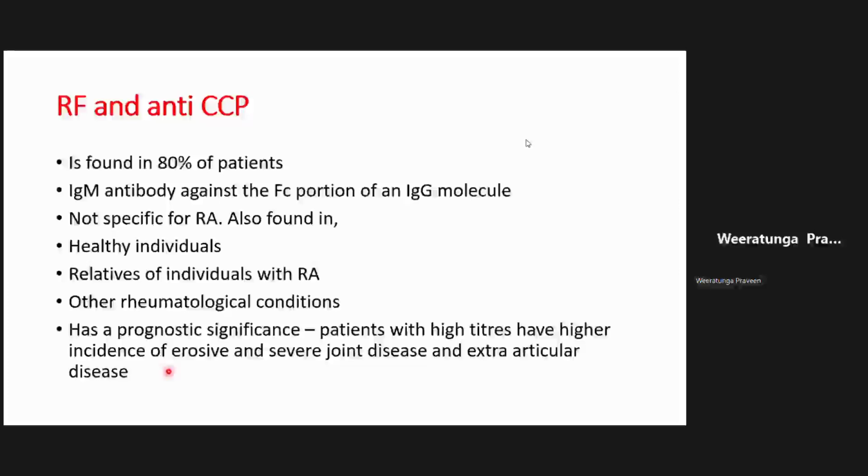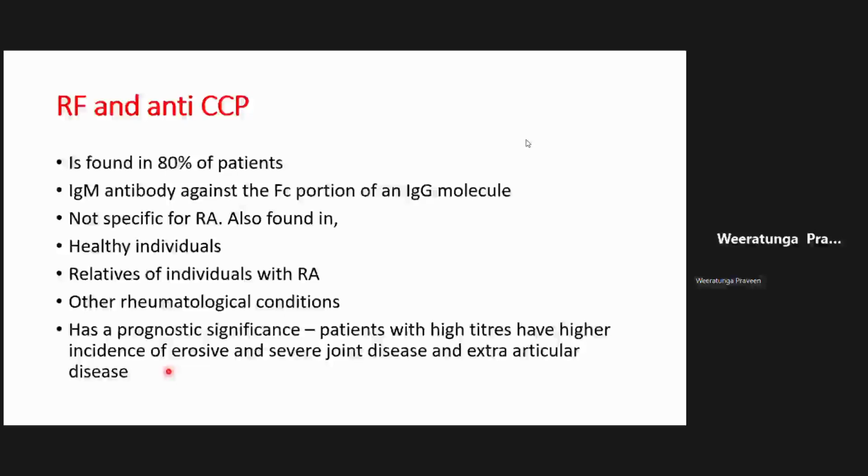But the problem in Sri Lanka is that anti-CCP is not available in the government sector. So what we commonly use is rheumatoid factor. Rheumatoid factor is found in about 80% of patients, and it is an IgM antibody. Now remember, the problem with rheumatoid factor is that it is not specific for rheumatoid arthritis.